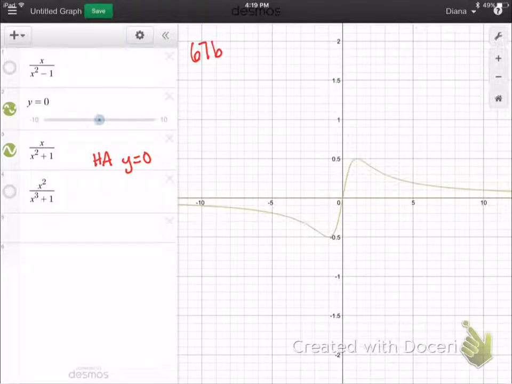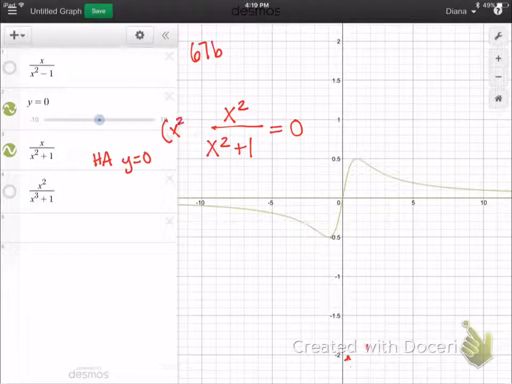And to prove algebraically that this does indeed cross its horizontal asymptote, we're going to set the equation equal to 0. When you solve this for x, you're going to multiply both sides times x squared plus 1.